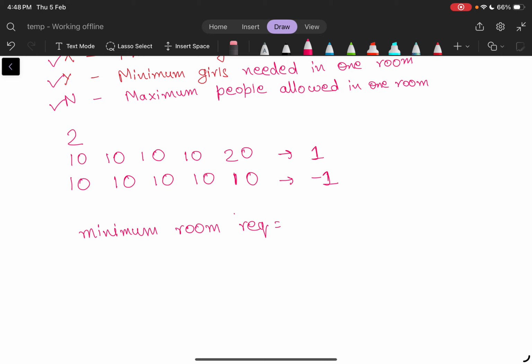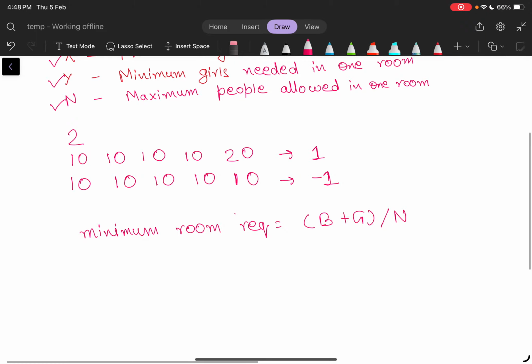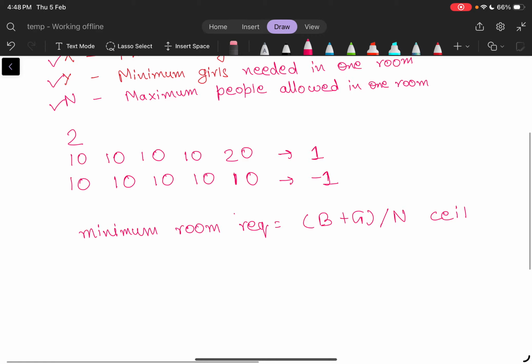That will be equal to the total number of boys plus total number of girls divided by the maximum people allowed in one room, which is the value of N. We will take the ceil value of this, and that will be our minimum room required. And what will be the maximum room required?